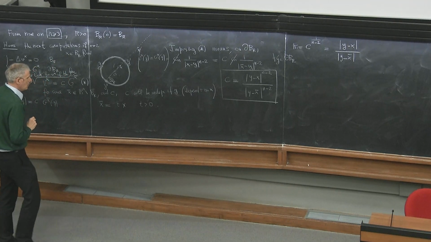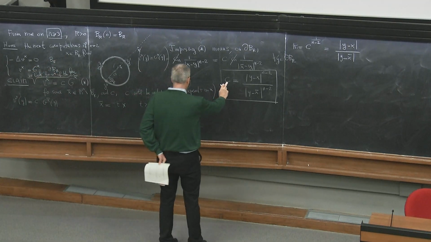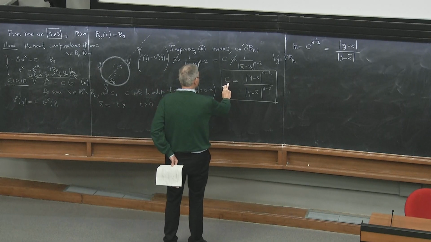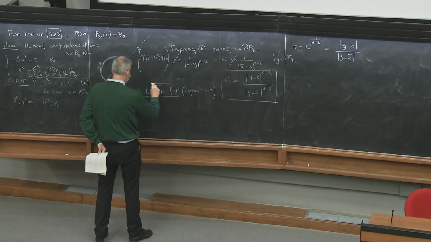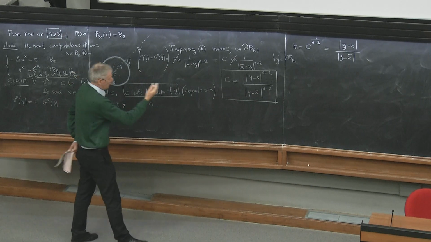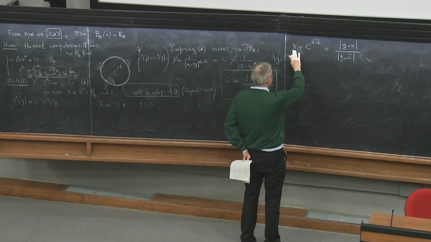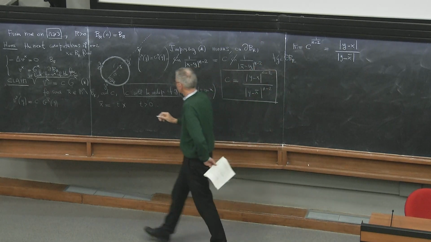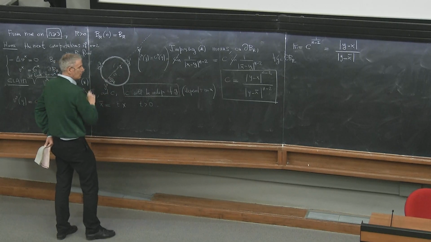Because we are saying that C is independent of y, I've written here, C will be independent of y. Okay? So if C is independent of y, K is independent of y, and therefore we should have the same K for this choice of y and this other choice of y.